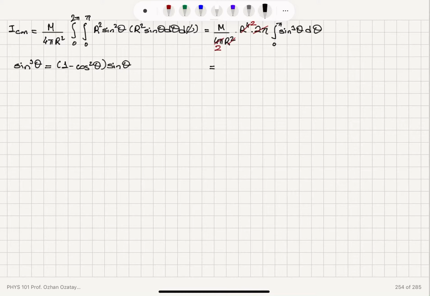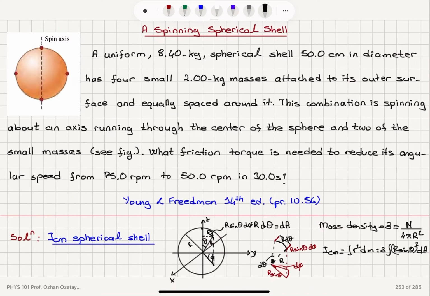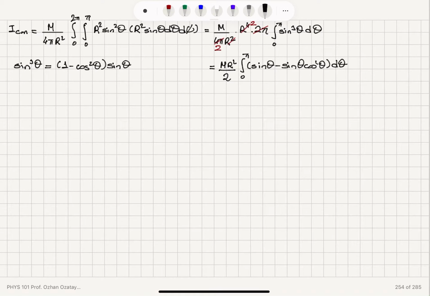So this becomes capital M r squared over 2 integral from 0 to pi of sine theta minus sine theta cosine squared theta d theta. Why should theta go from 0 to pi? So if theta goes from 0 to pi, we get this slice, and then we rotate this slice by an angle 2 pi to cover the full shell here. So that makes perfect sense.